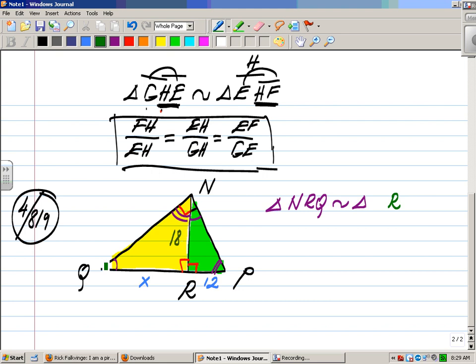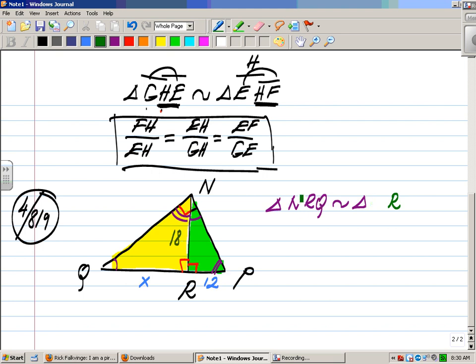So N goes to Q. If I have angle N in the yellow triangle, I have to use P as the corresponding vertex in the second one, because QNR is congruent to NPR, right?